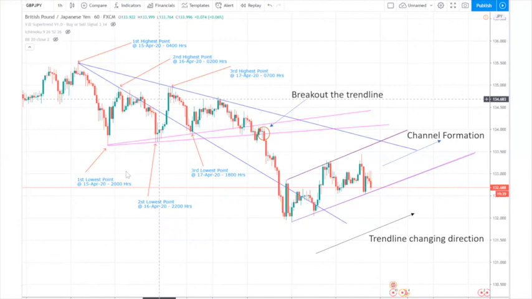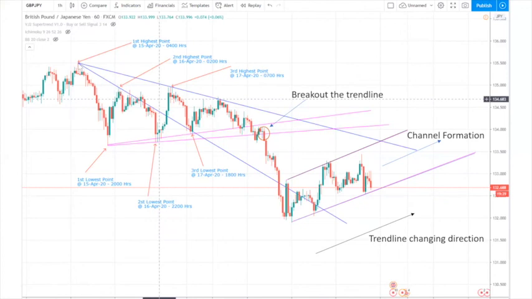First, when the trend line is going down, I take the first highest point. Then I take the second, when the price went down, rejected up and started to go down again, that's the second highest point.